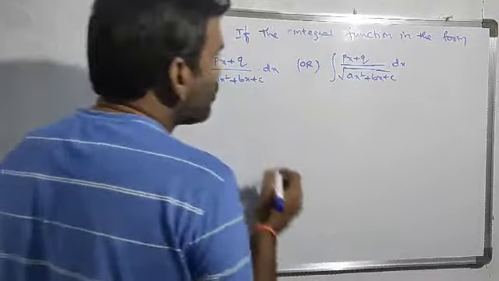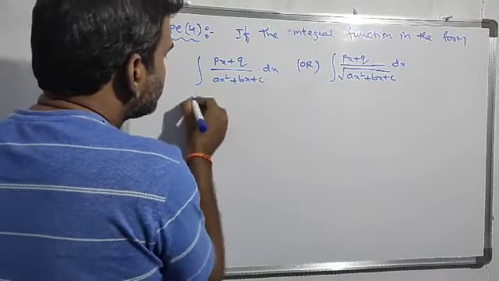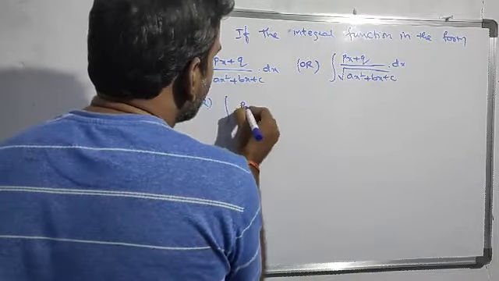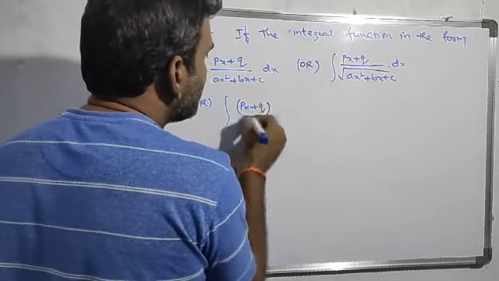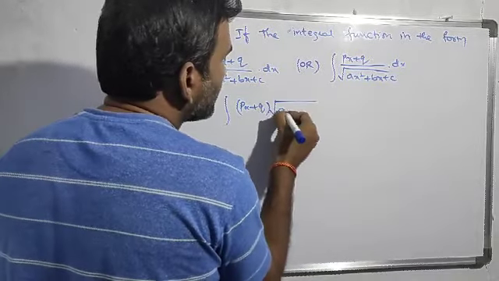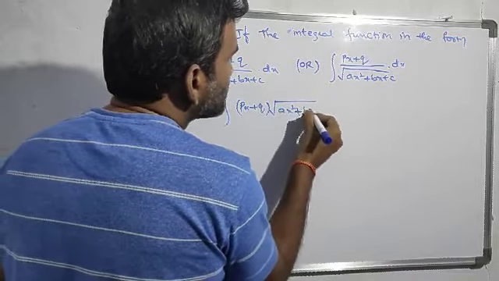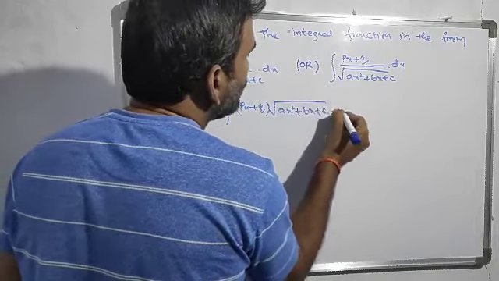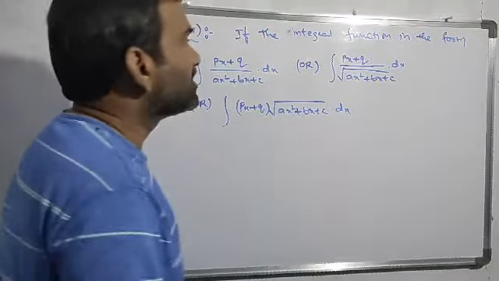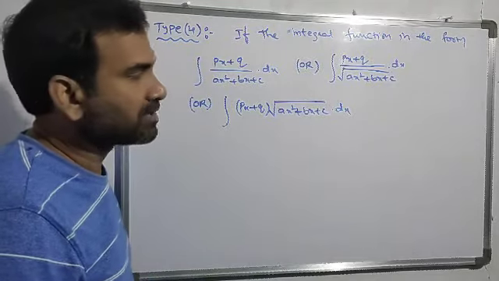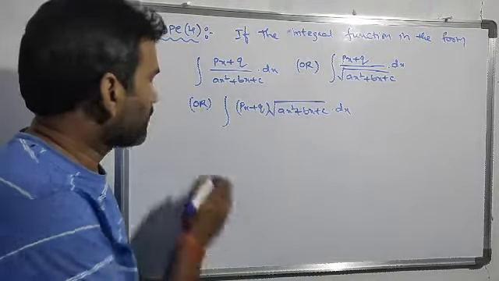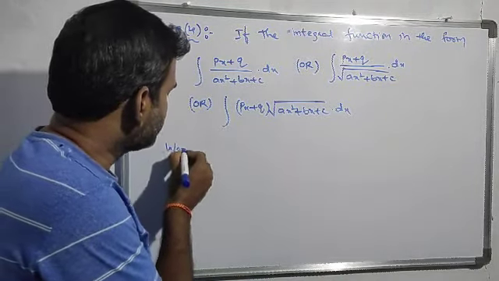Same model, square root of ax square plus bx plus c into dx. Or integration of px plus q into square root of ax square plus bx plus c into dx. These are the three types of model problems. Here, what is our working rule?